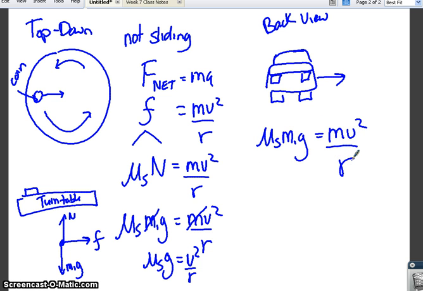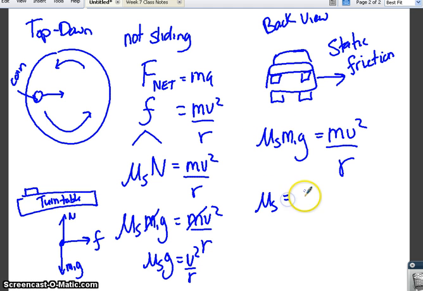The only reason I bring this up is because this is still static friction. And that's usually a confusion because the car is moving. The car has a velocity right here. Why is it static friction?